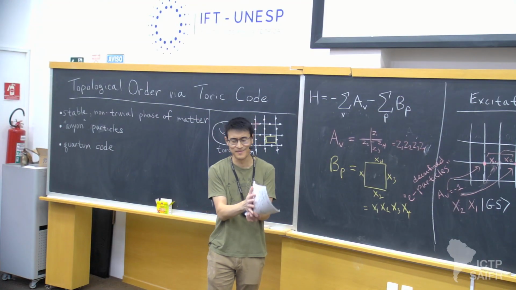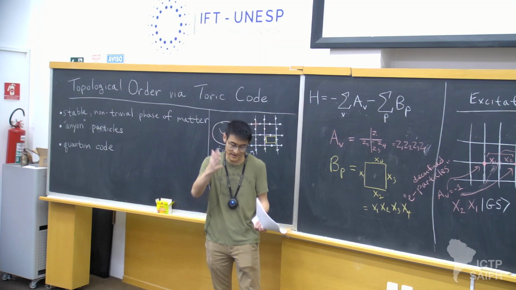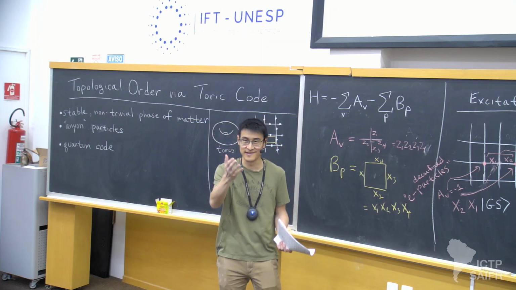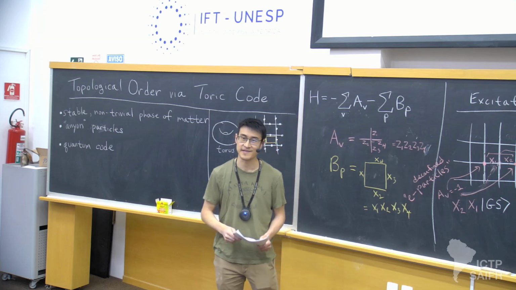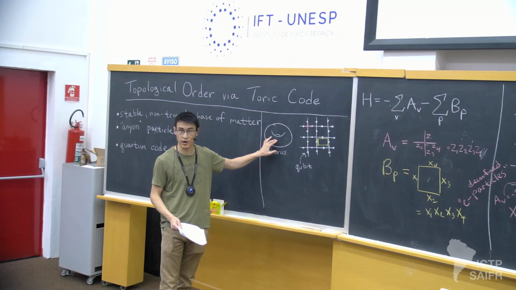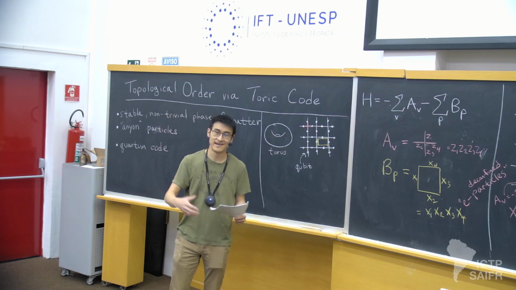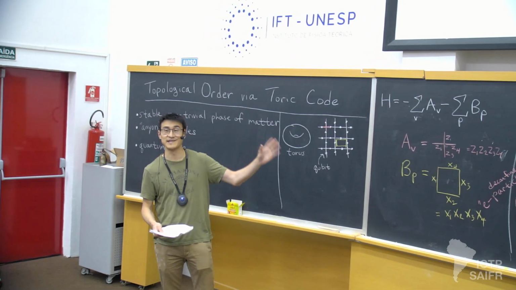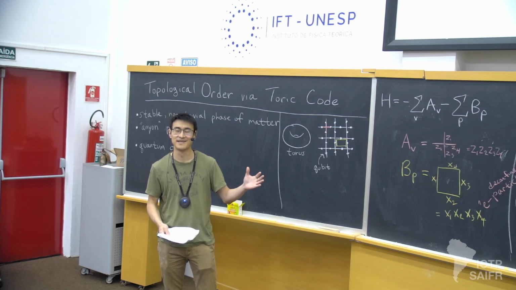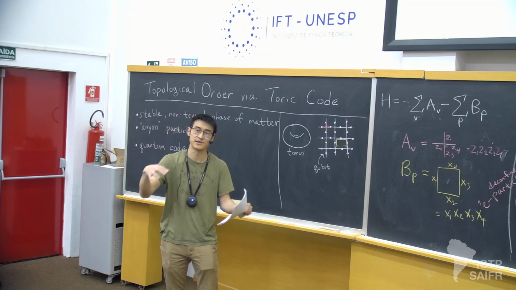There are many manifestations of topology throughout this model, but one important one is along the lines you suggested. Here we defined it on a torus, right? Genus 1. But if you put it on a manifold with higher genus, you actually see that the ground state degeneracy changes. In fact, it grows exponentially with the genus of the manifold you put it on.